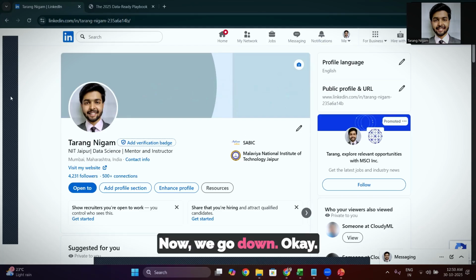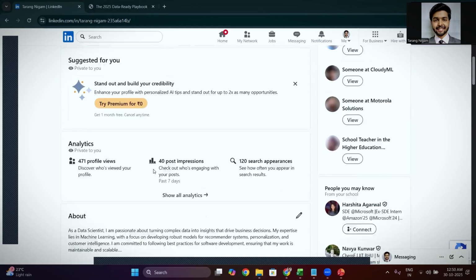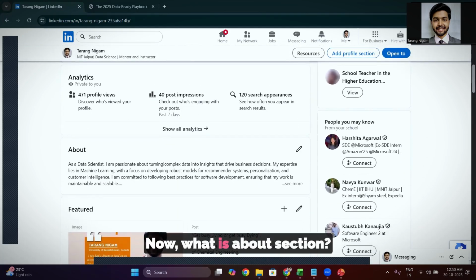Now if we go down, we see the section called About. Now, what is the About section? Many of us underestimate this, but please understand, About is a very important section which gives a holistic summary of what your profile is all about, what you are interested in, and how you can contribute to another company.